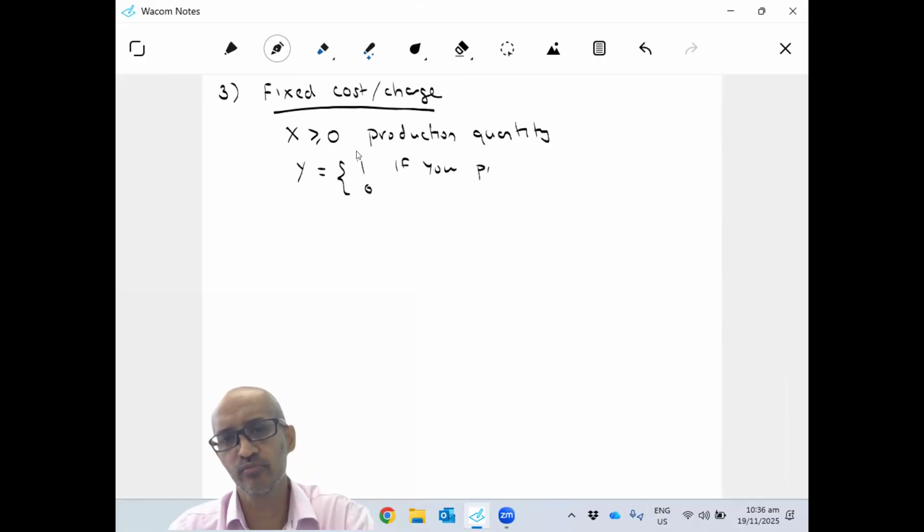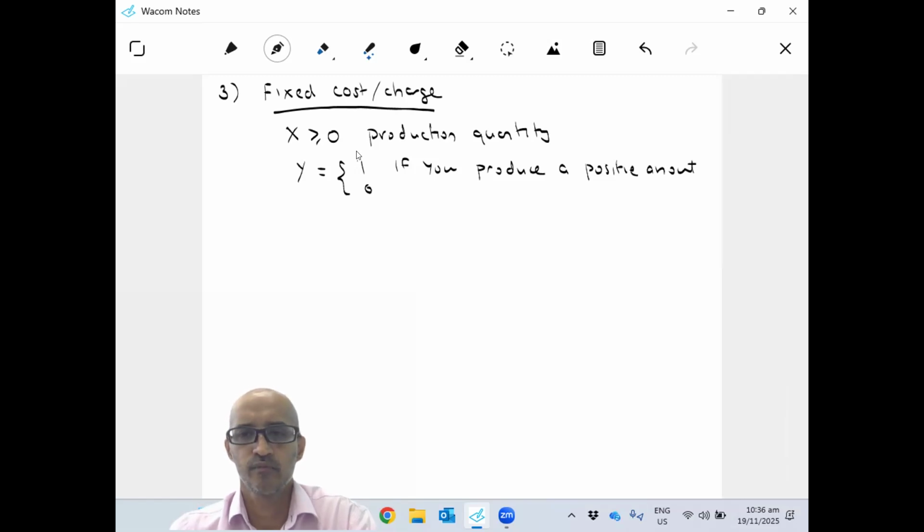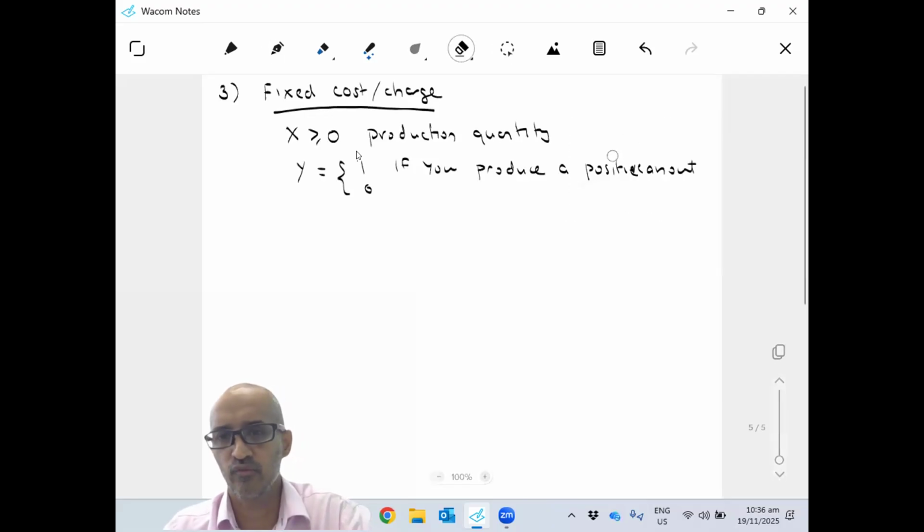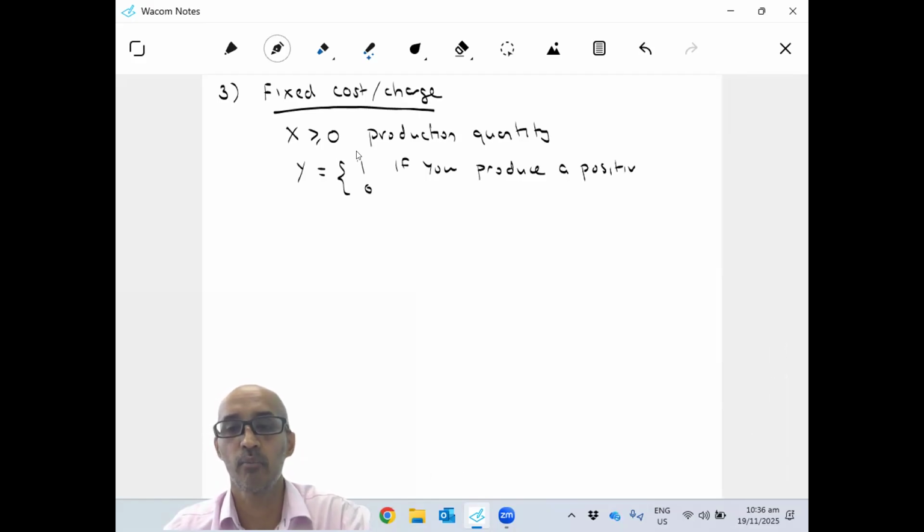If you produce a positive amount, you can capture the notion of fixed cost with this binary variable: Y is positive if you produce a positive quantity, and 0 otherwise.